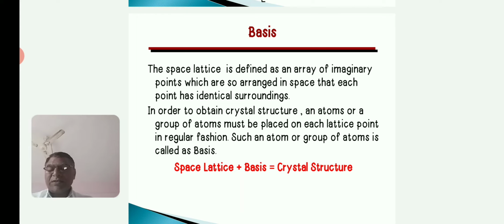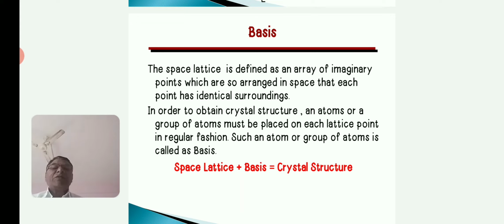If the basis consists of a single atom only, a monatomic crystal structure is obtained. Copper is an example of a monatomic face-centered cubic structure. Examples of complex bases are found in biological material. This is the short information about the basis.